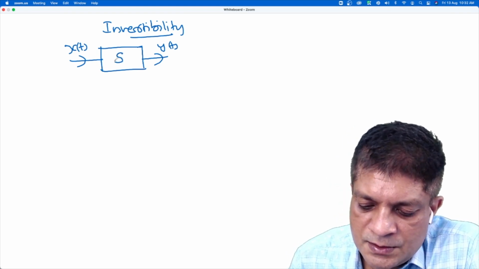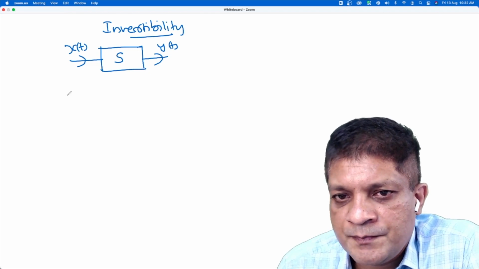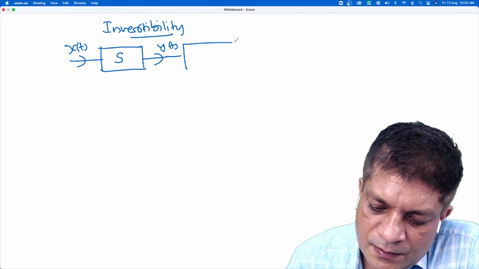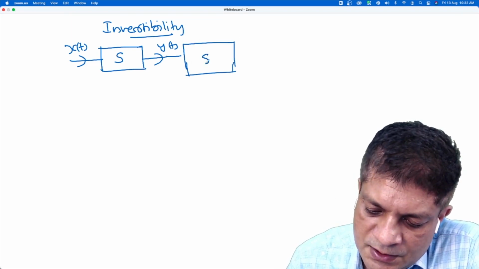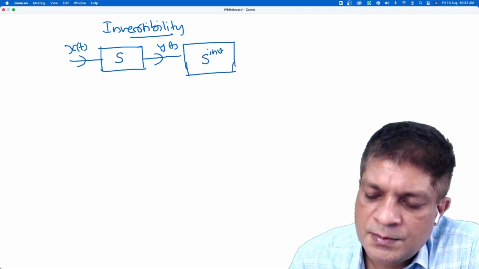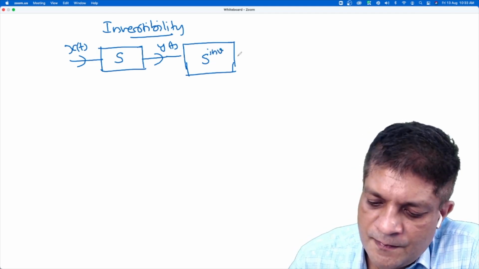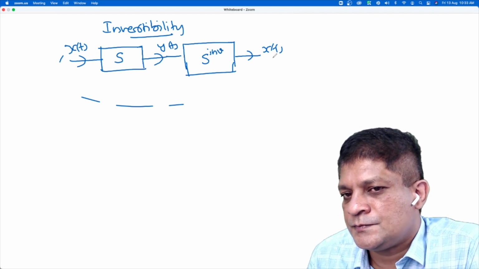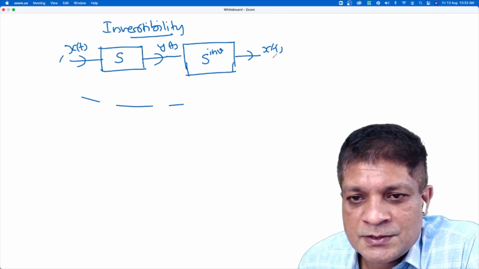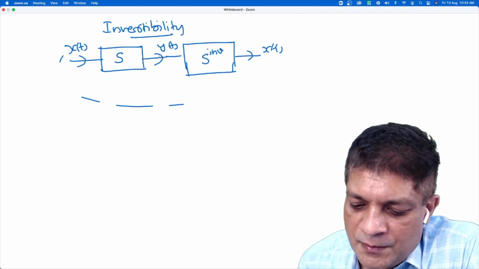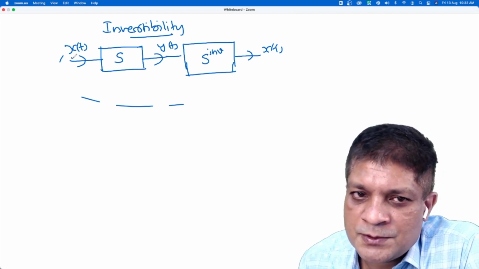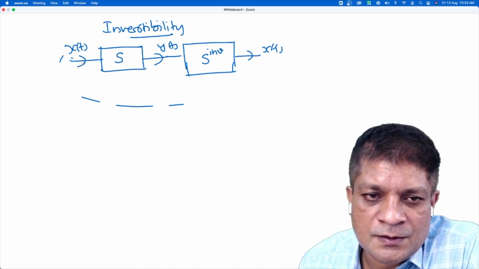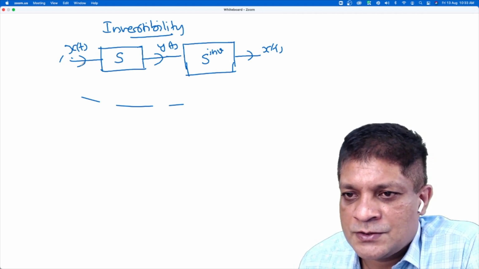Let's say the system is denoted by S. We can say that the system is invertible if there exists another system, which I'm denoting by the inverse system S inverse, such that we get back the same signal. If we can get back the original input signal from the output, that means we can invert that operation, then we can say that the system is an invertible system.